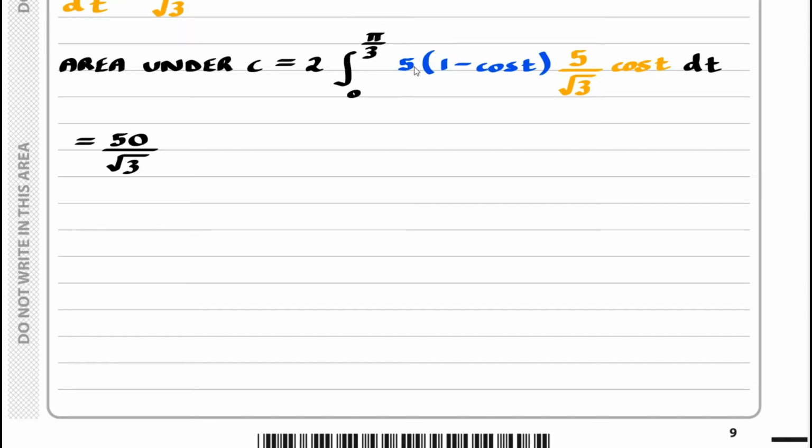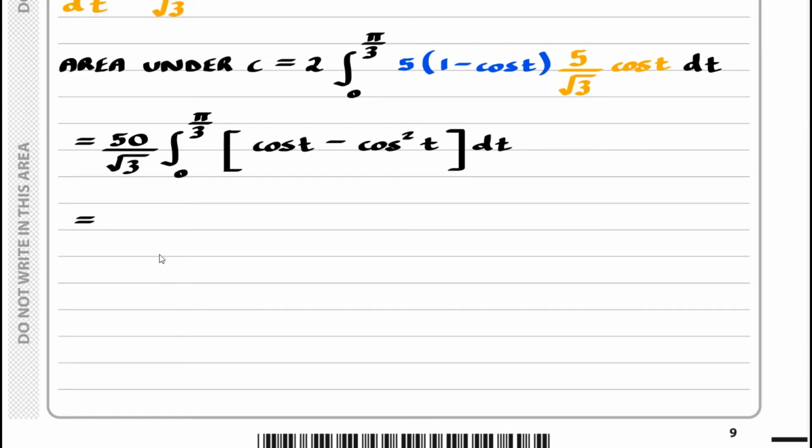Well, we've got the 2 times by the 5 times by the 5 over root 3, which is 50 over root 3. And then we multiply this by the integral from 0 to pi over 3 of 1 minus cos t multiplied by cos t, which is cos t subtract cos squared t. And we're integrating this between 0 and pi over 3 with respect to t.